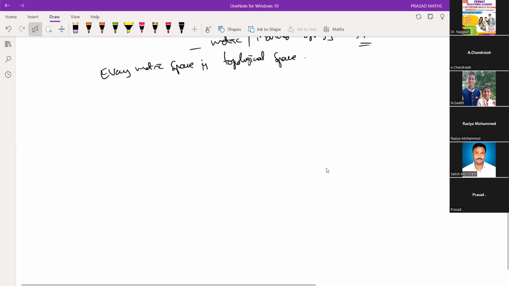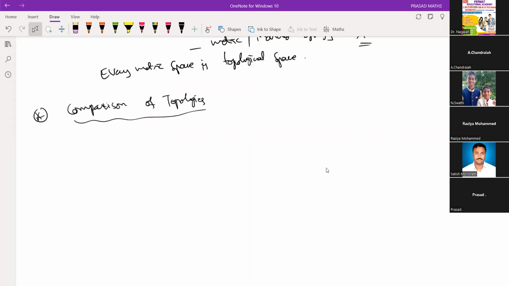The next topic is comparison of two topologies. Suppose X is a set, and tau1 and tau2 are two topologies.